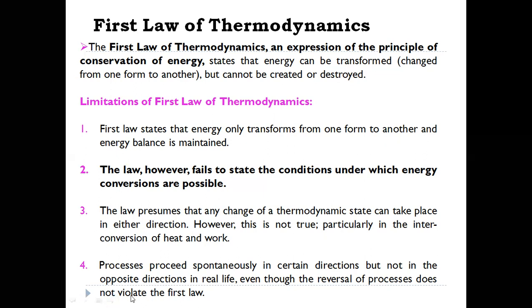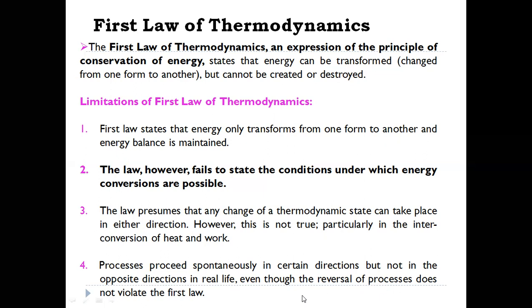The fourth limitation is that in real life, processes proceed spontaneously in certain directions, but not in the opposite directions. If we assume all the processes to be ideal, and a process takes place from state 1 to state 2 following a certain path by releasing some amount of work, then in the opposite direction it cannot travel the same path in real life.